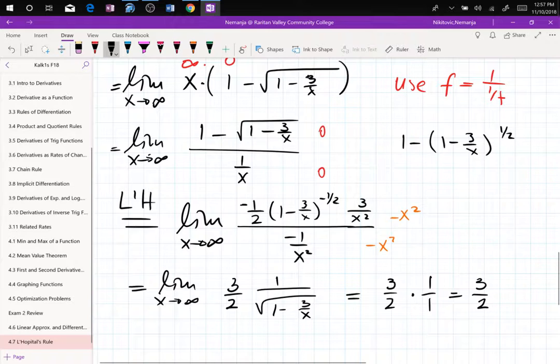Let's see if we can find one more example of this, because there are certain examples that are not done exactly this way. I just want to find at least one of those. Tangent minus secant. Great.